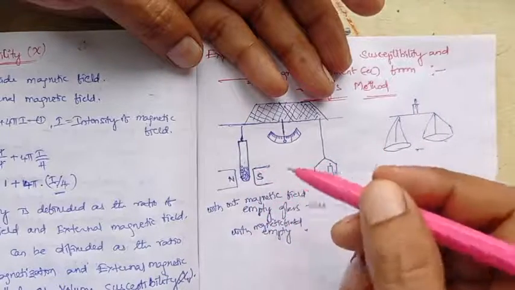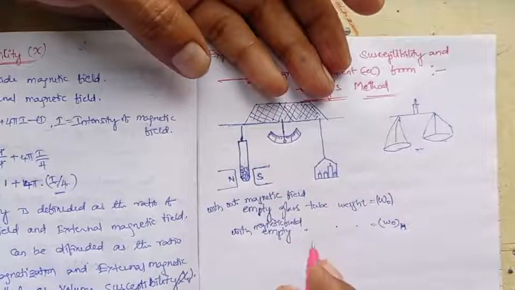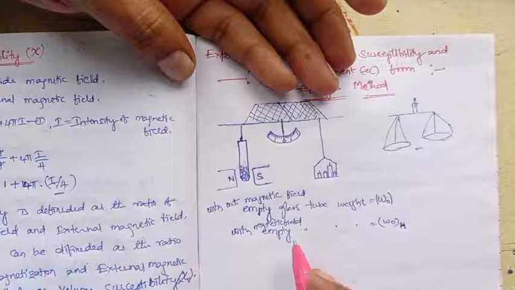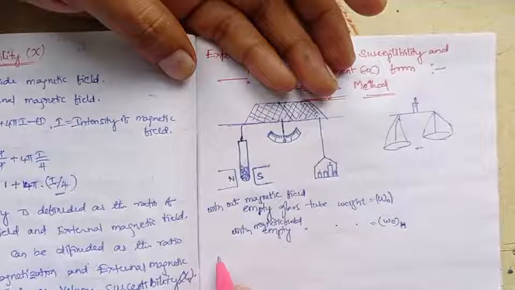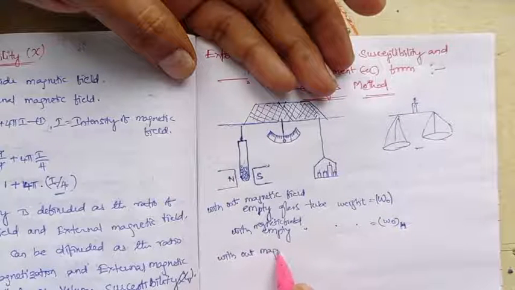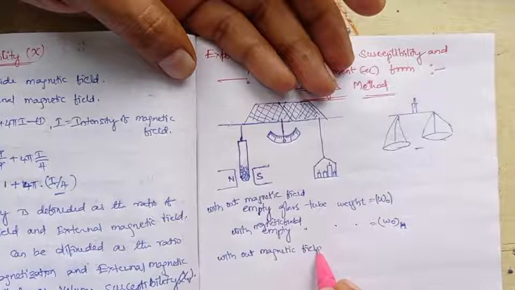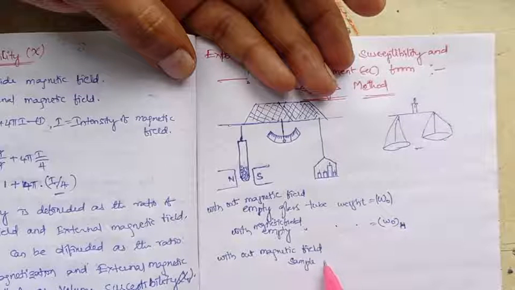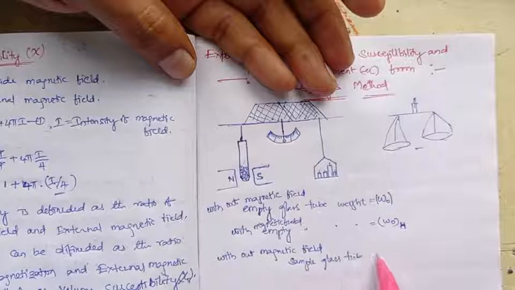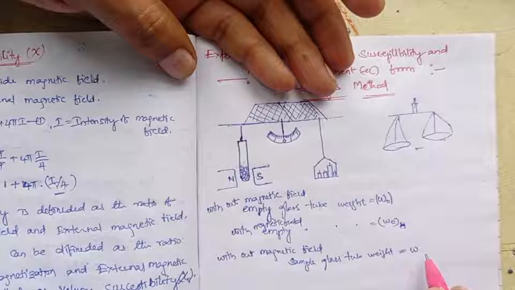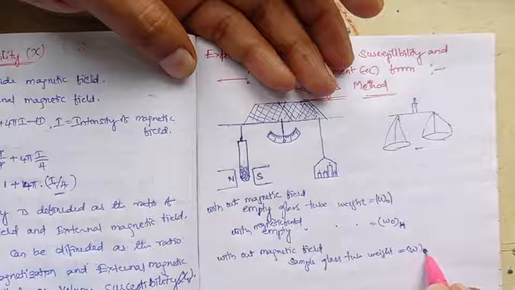The magnetic substance is added into the glass tube, where again we will go with two measurements: without magnetic field, the sample glass tube weight, right?